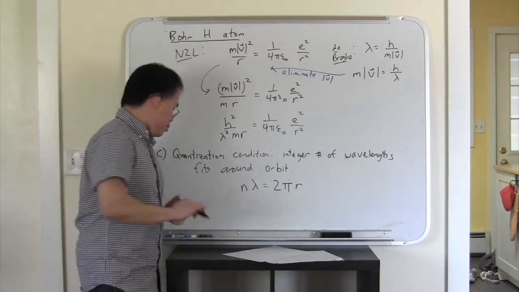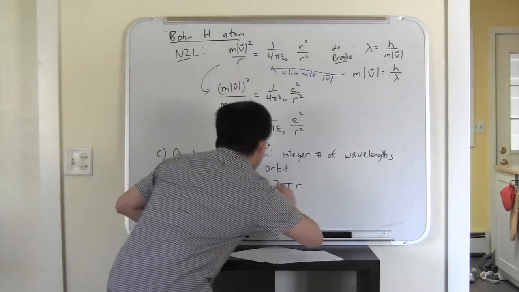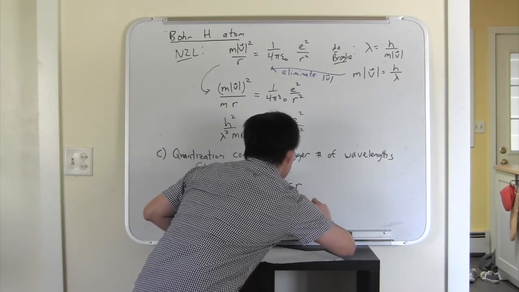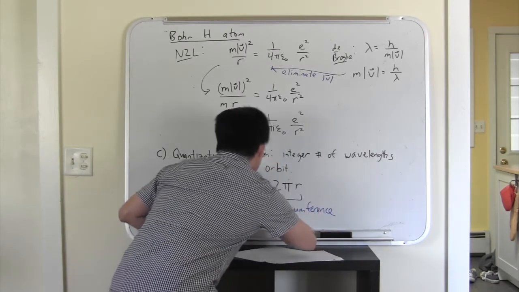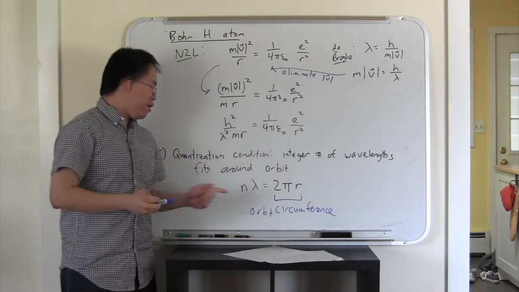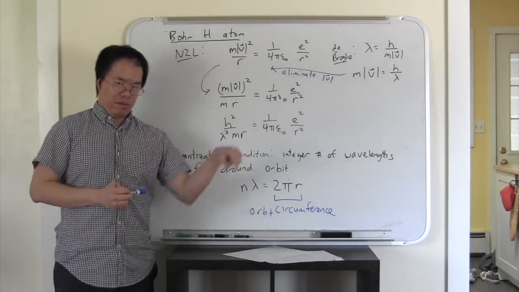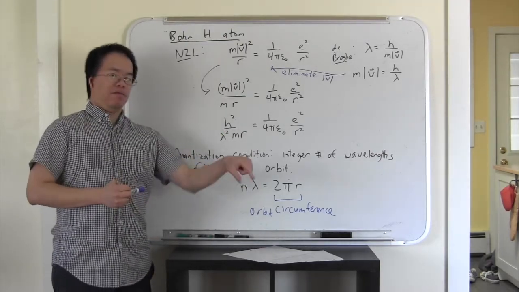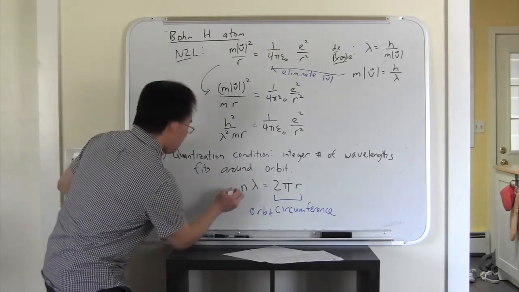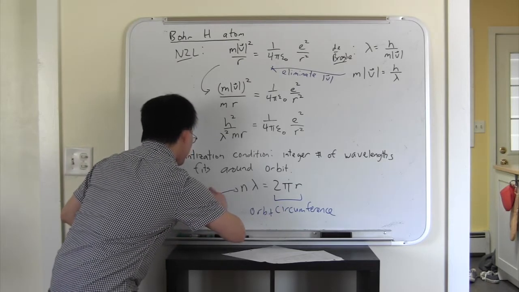So 2 pi r is the circumference of my orbit. I can have one wavelength equal to my circumference, I could have two wavelengths equal to my circumference, etc. So here, n is an integer.